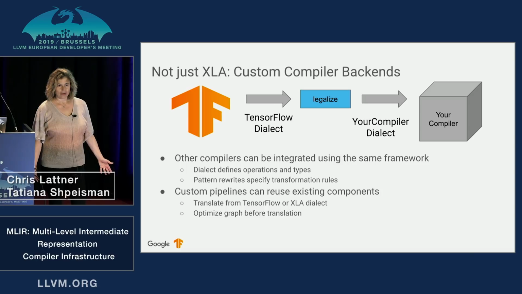Really, all we are doing here is translating from one dialect of MLIR to another dialect. We can translate to XLA, we can translate to some other dialect, we can translate from XLA to some other dialect. We now have a general infrastructure which makes it really easy to take TensorFlow and plug some other compiler into it.